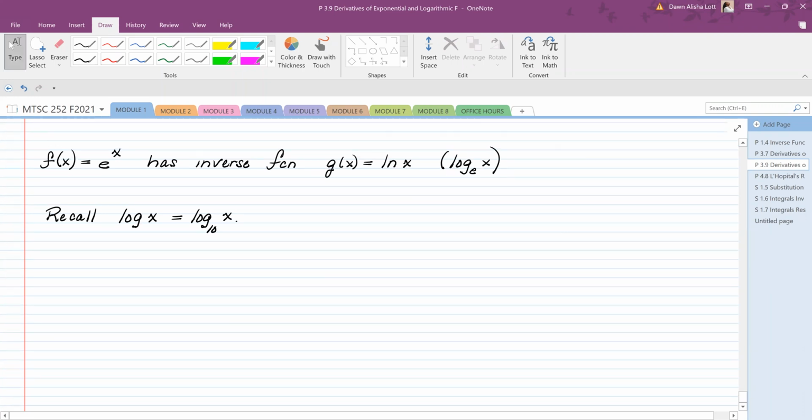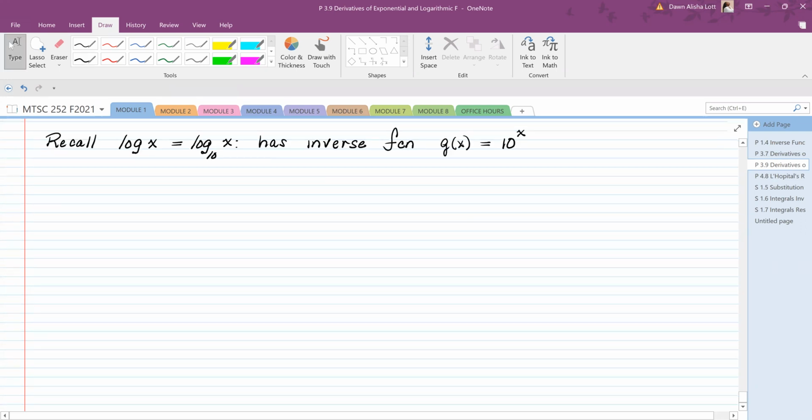Its inverse function, since log of x is equal to, well, I already wrote that, this function has the inverse function equal to 10 to the x. So we actually end up with something that looks like this.